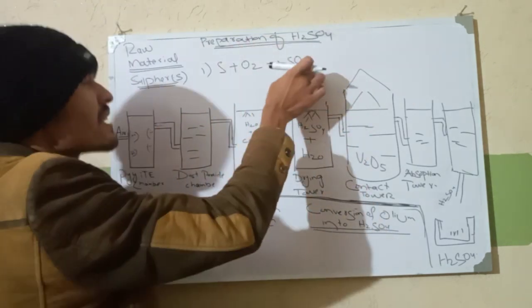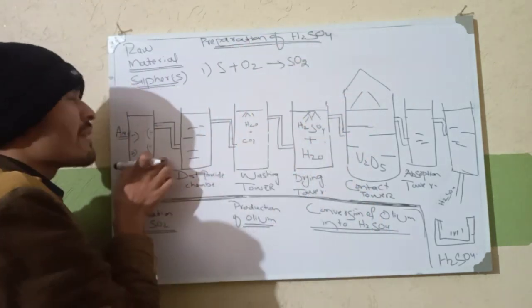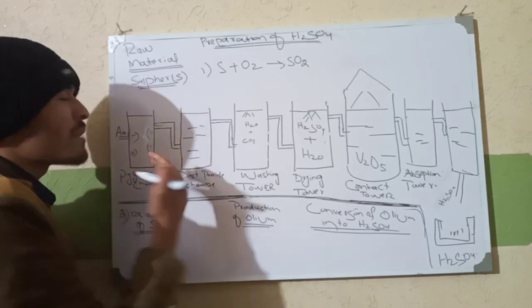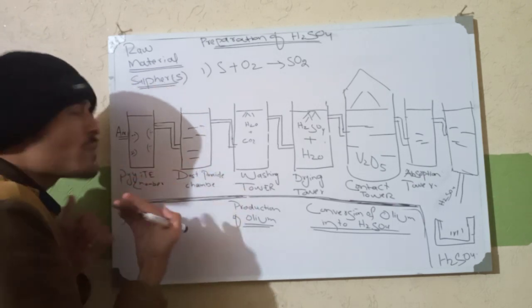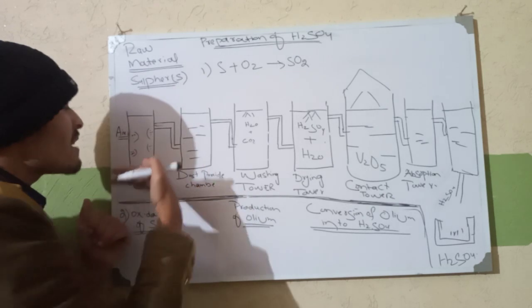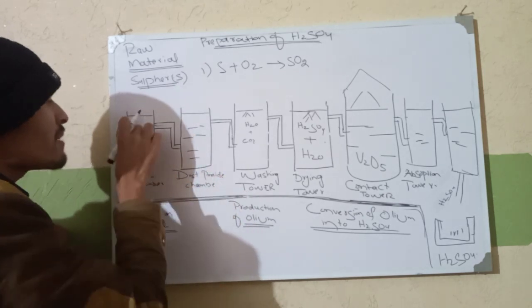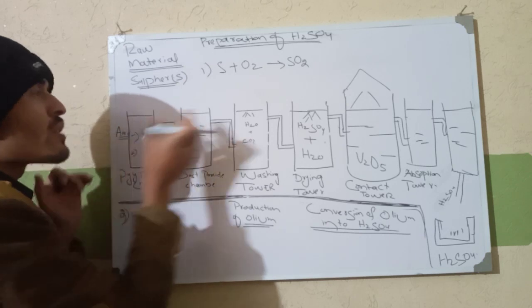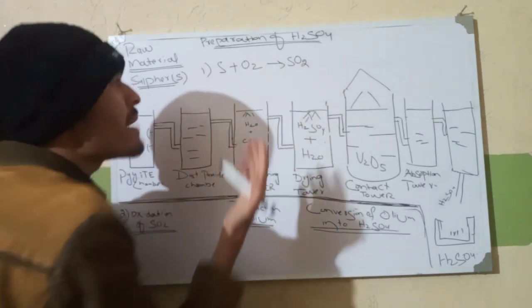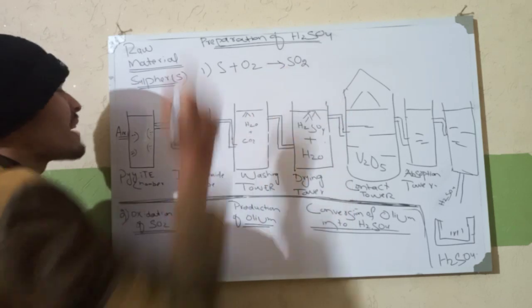Where is this SO2 formed? SO2 is formed in the pyrite chamber. We add a little bit of heat to this chamber, and the sulfur, present in solid form, combines with oxygen, so they make sulfur dioxide.